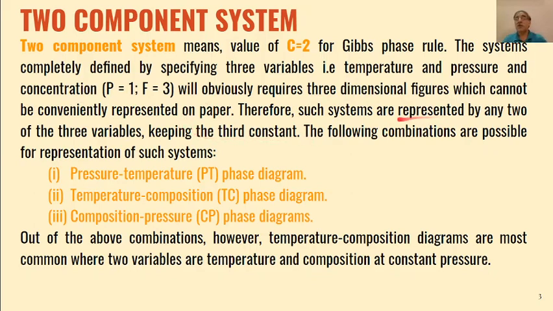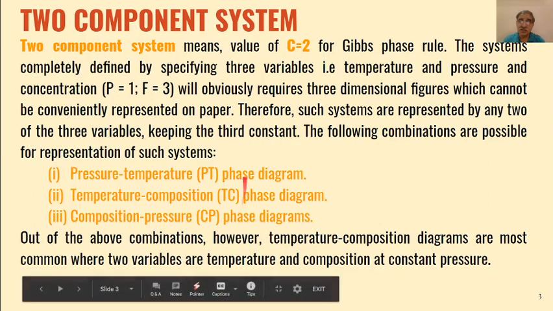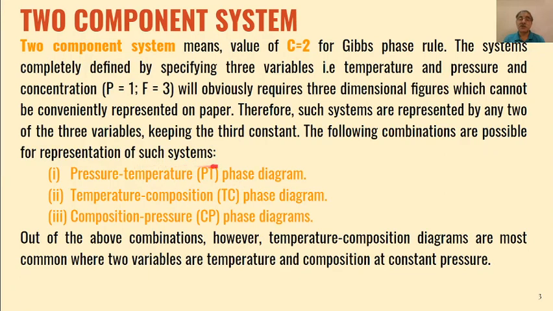So generally what is done in such systems is that they are represented by any two of the three variables, keeping the third constant. So in such cases these three combinations are possible for representation of such a system.